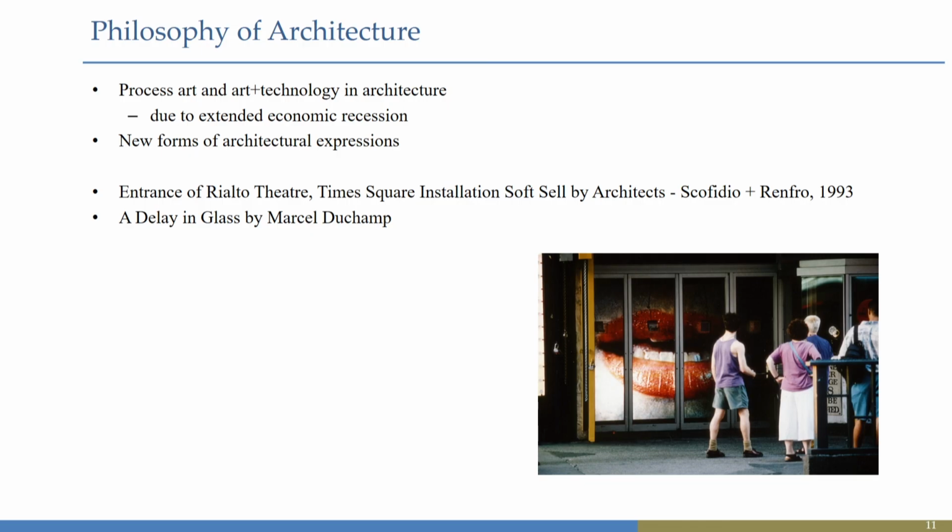It is not just an architectural object, which is a built structure, but it is also process art and art plus technology. Both are being combined by architects, creating new forms of architectural expression. Something similar is The Large Glass by Marcel Duchamp. Those of you who are interested can Google this item, and you will know what it is.